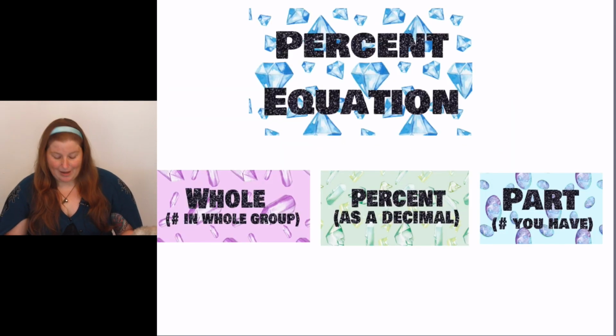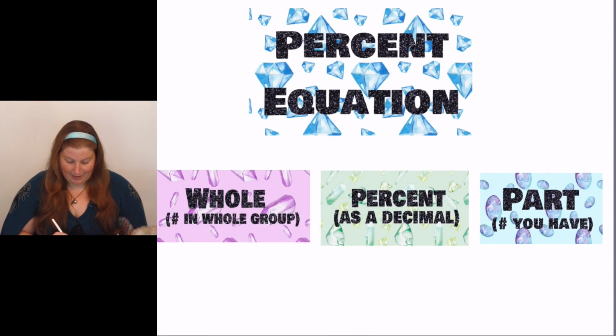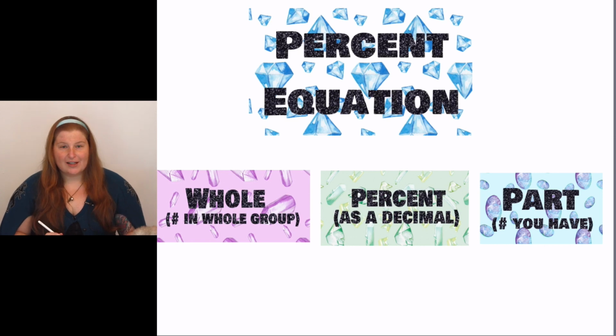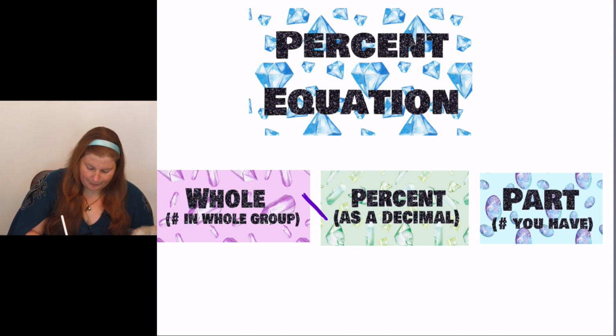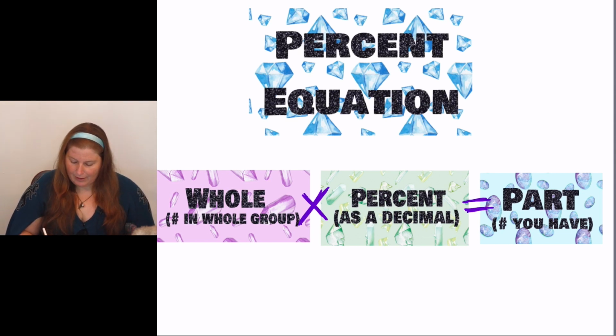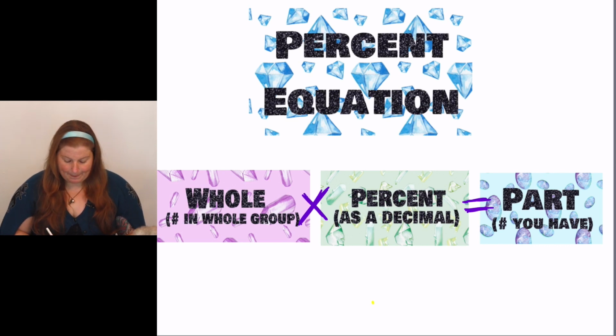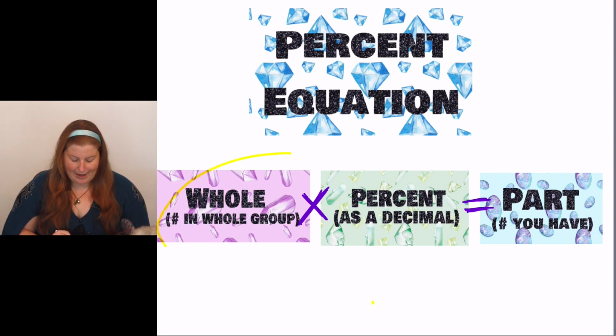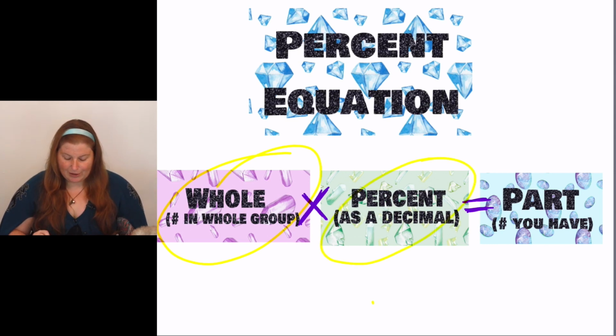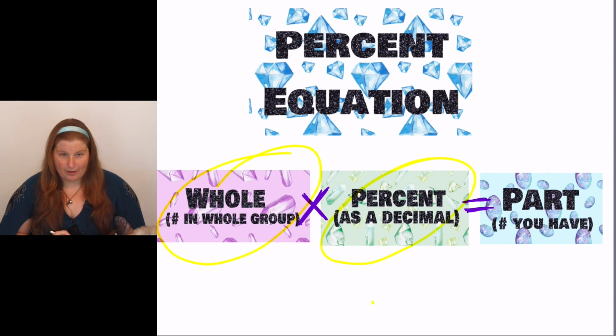The percent equation has 3 parts. And those parts are the size of one whole group, what percent of that group you have, and your answer. So when you take the whole group and you multiply it by the percent you have, you get the total number that you have. For example, let's say that I had 10 owls in the whole group and 20% of them were snowy owls.